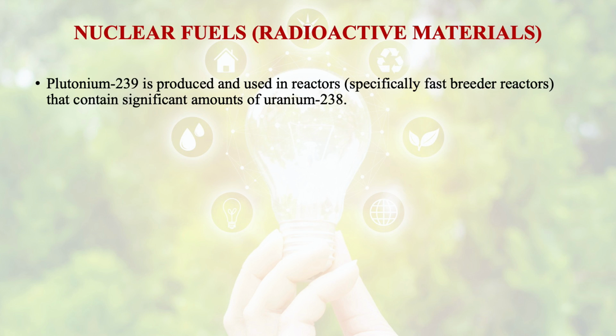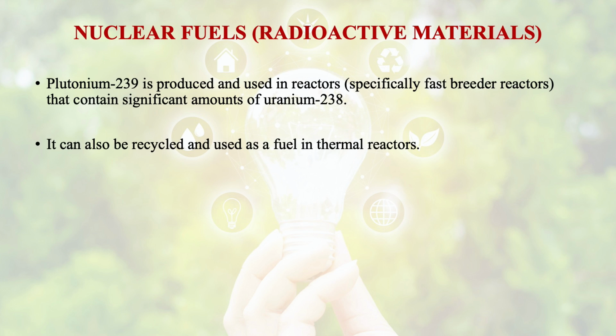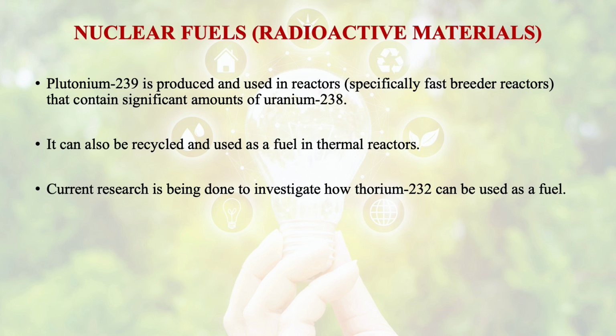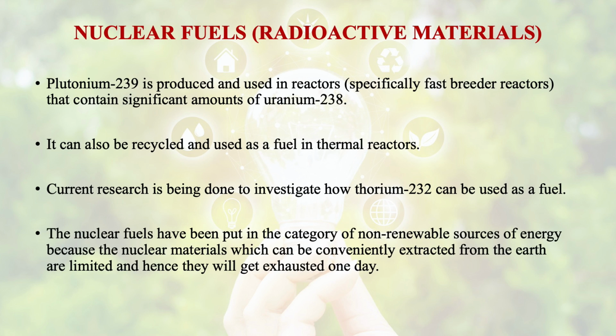Plutonium-239 is produced and used in reactors that contain a significant amount of uranium-238. It is especially used in fast breeder reactors. It can also be recycled and used as fuel in thermal reactors. Current research is investigating how thorium-232 can be used as nuclear fuel.